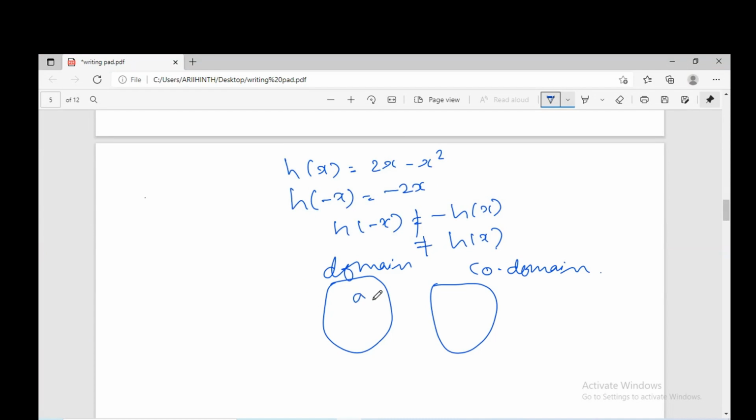So each element a gives f of a, b gives f of b, and we should have a pre-image in the co-domain.